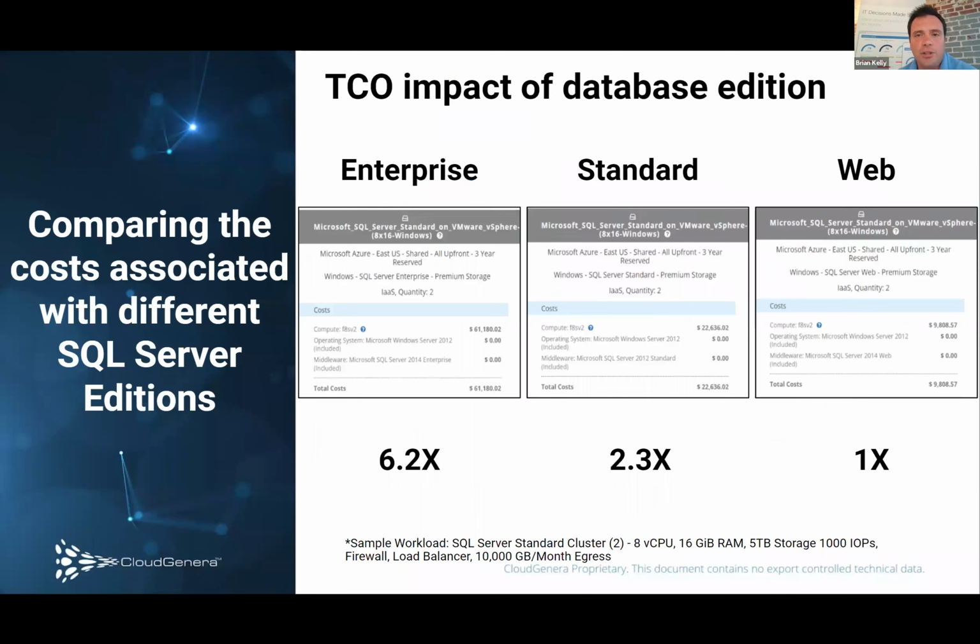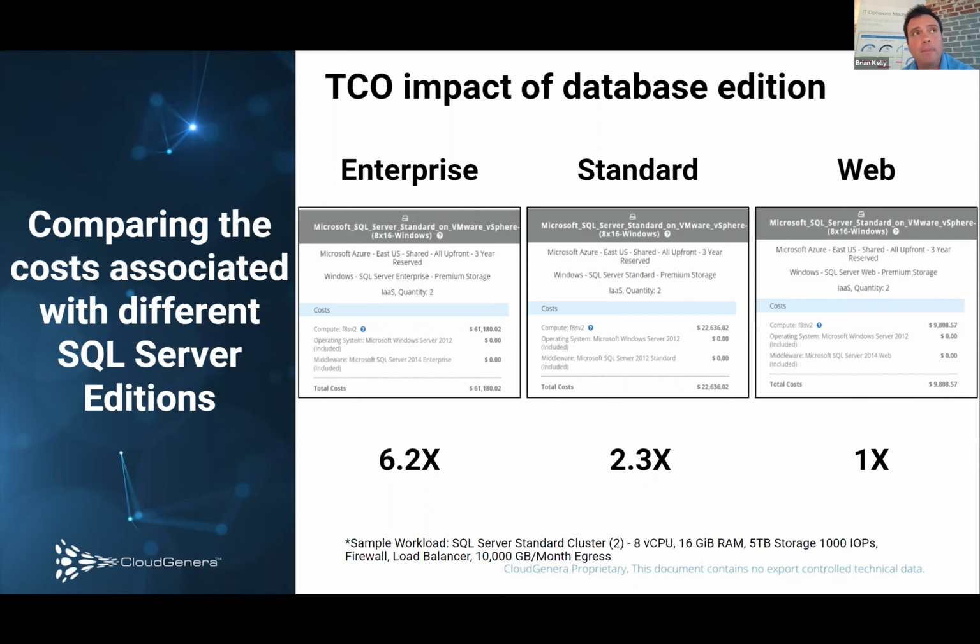Leveraging the CloudGenera engine, we've run scorecards that compare the TCO impact of database edition. And what you can see is that when you compare the costs associated with the different SQL Server editions, enterprise is 6.2 times the cost of the more entry-level web edition. Standard is 2.3 times the cost of the web edition.